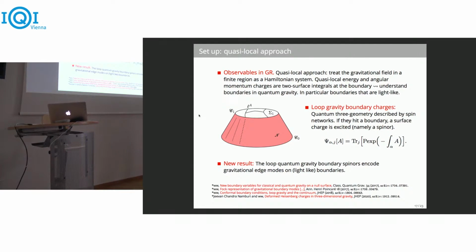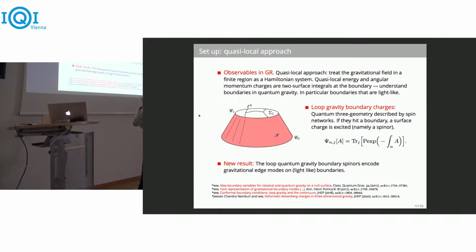And you can easily check that this defines a null vector, a light-like vector, because the norm, so the length of this spatial vector is just the norm squared of the spinor, which is the same as L0. And indeed, acting with the Lorentz transformation on this vector translates into an SL2C transformation of this spinor.